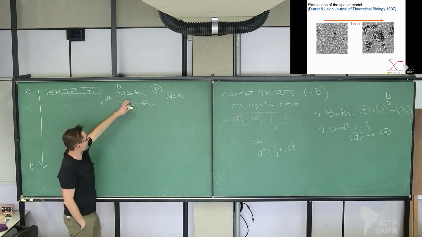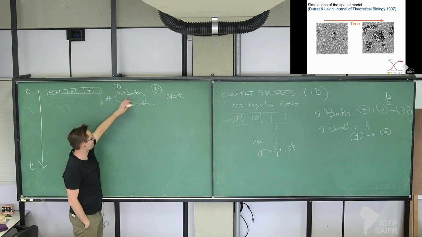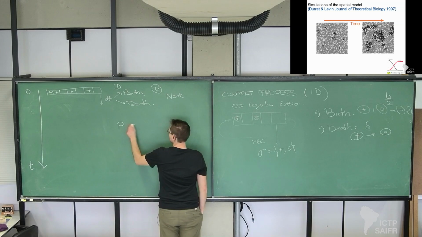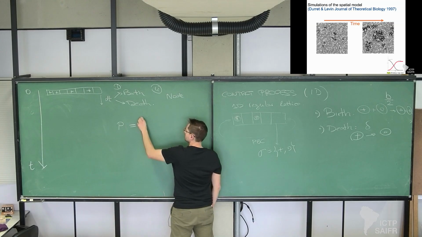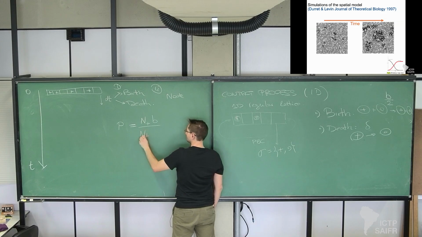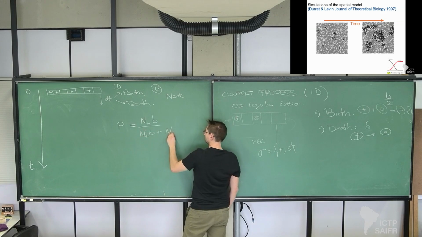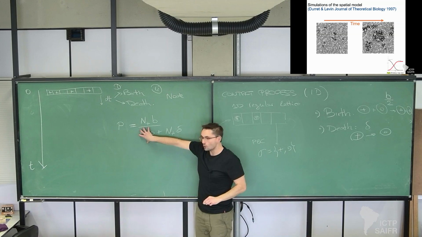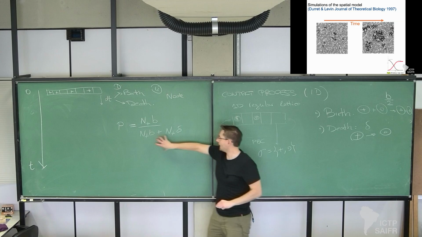So the probability at which I'm going to have a birth, which I'm going to define by P, let's see how many of you are lost by this expression, is going to be this, which basically tells me that every occupied place can reproduce at a rate beta, at a rate B. Every occupied place can die at a rate delta.